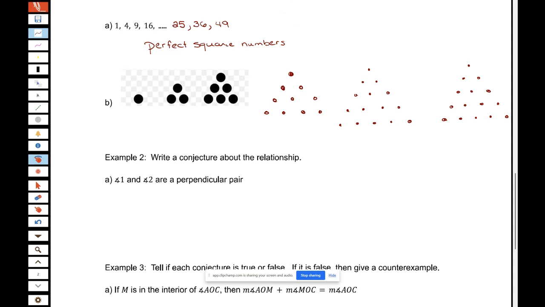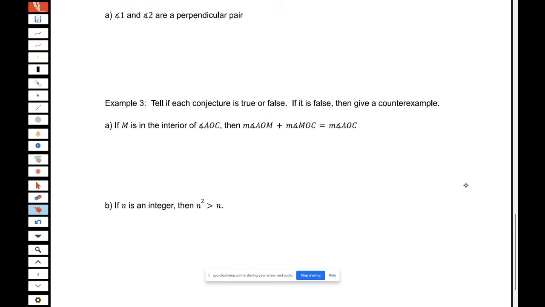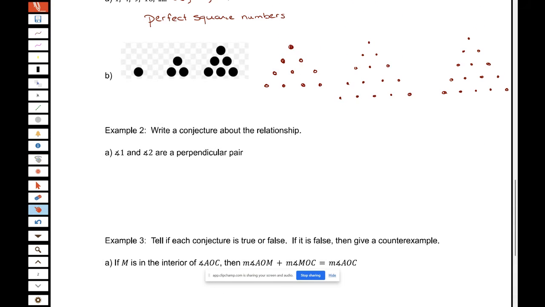Now, this is one that I wouldn't expect you to describe the way I would because you're probably not familiar with the term, but you could say like you're making pyramids and adding another row of numbers each time that has 1 more dot than the previous. That kind of explanation would be 100% perfectly acceptable. We learn that these are called triangular numbers.